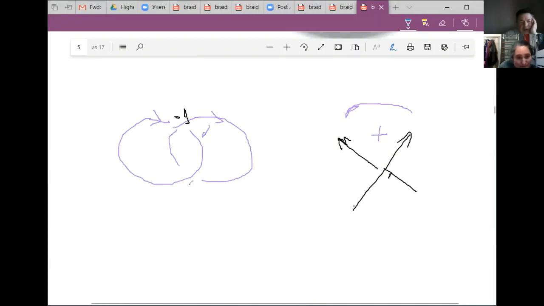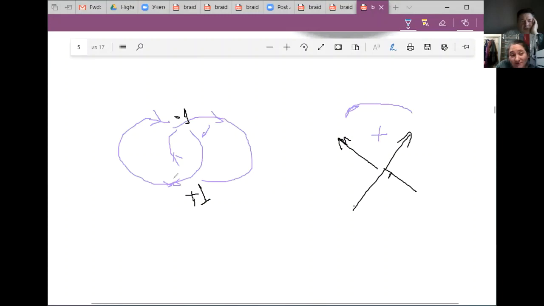And here? Here it would be +1. No? Again, overcrossing, Raphael.